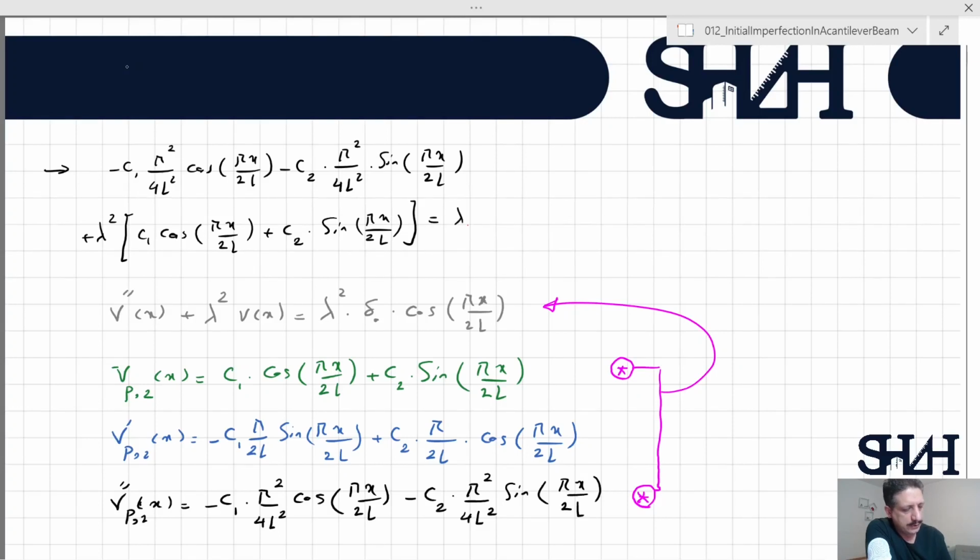And it should be lambda square delta 0 cosinus pi x over 2l.